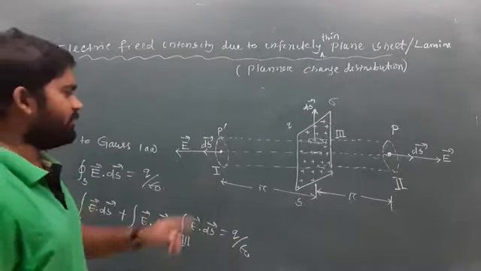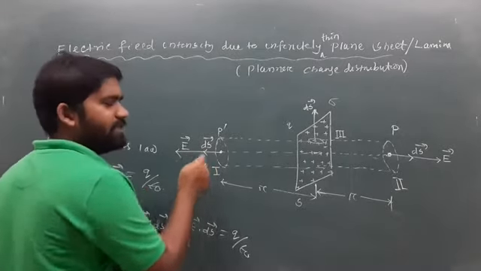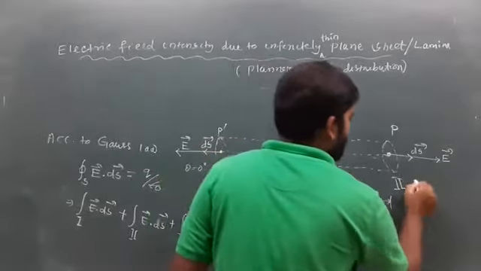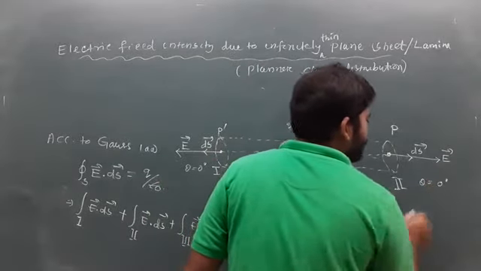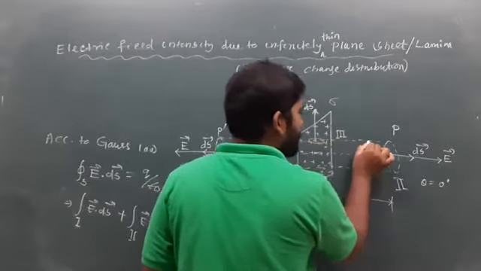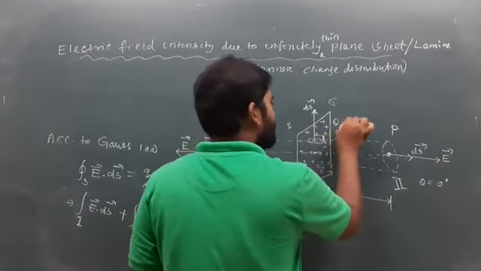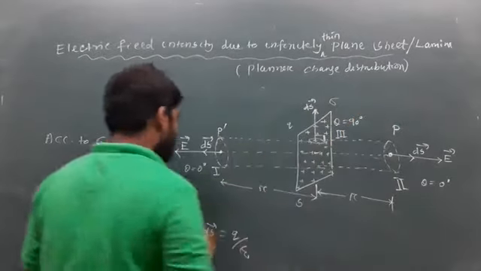My first region has angle theta equal to 0, E and ds are in the same direction. The second region has theta also 0, and the third region, this one is the surface vector, the electric field is either this way or this way, that's why here angle theta equals 90 degrees.